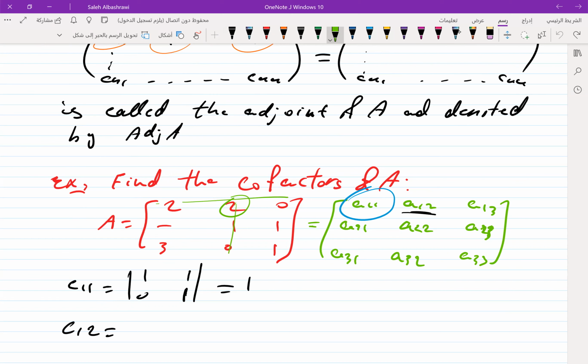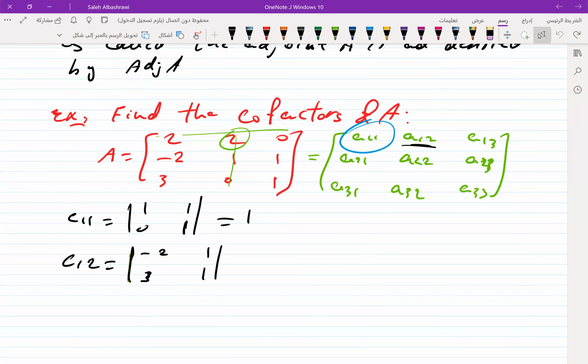So I'll have the determinant of minus 2, 1, 3, 1. But we have to be careful about the sign. This is minus.